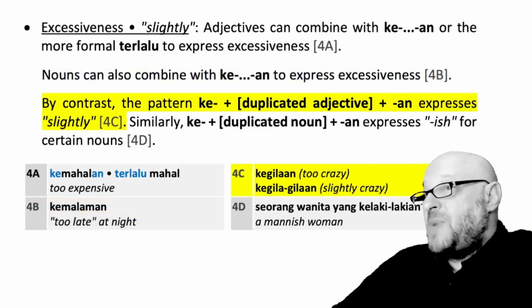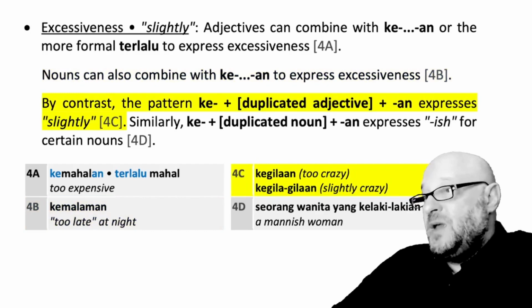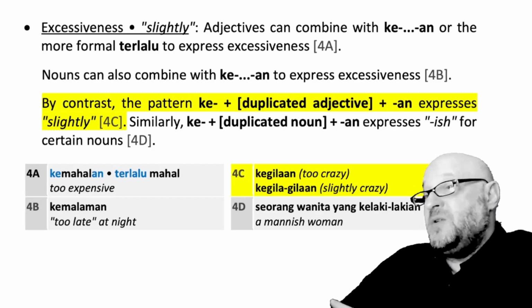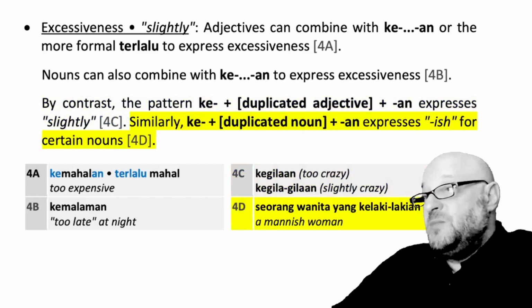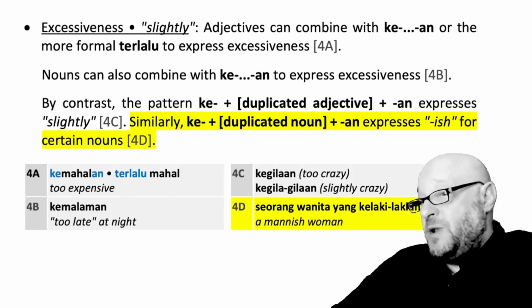By contrast, the pattern ke, duplicated adjective, an, expresses slightly. In example 4c, kegilaan means too crazy, but kegila-gilaan means slightly crazy. Similarly, ke, duplicated noun plus an, expresses ish for certain nouns. 4d, seorang wanita yang kelaki-lakian, a mannish woman.